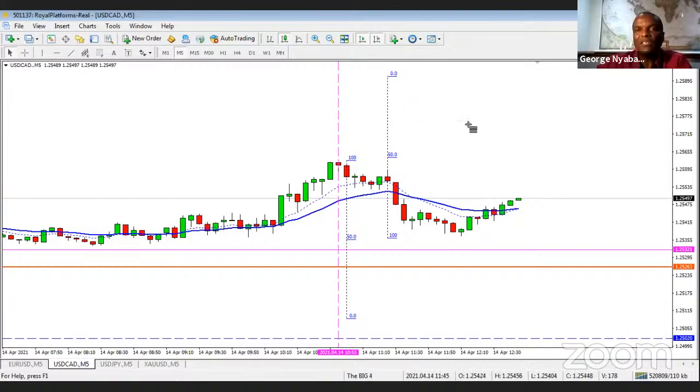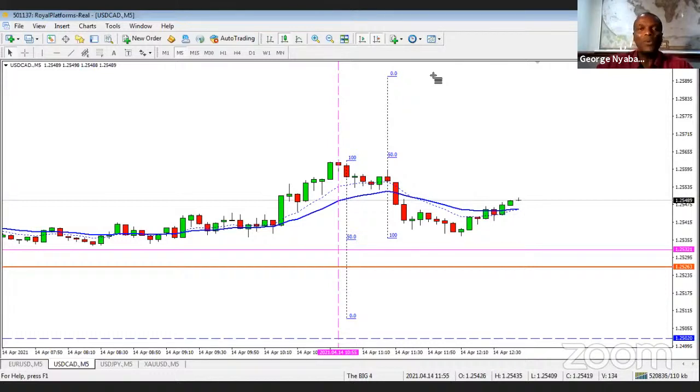By all means, if you want to hold and see how far the pullback goes before the resumption, do go ahead and hold. But always remember that if you are not in a trade at a measured move, you must watch to see what the price action does. It might be the beginning of a reversal.